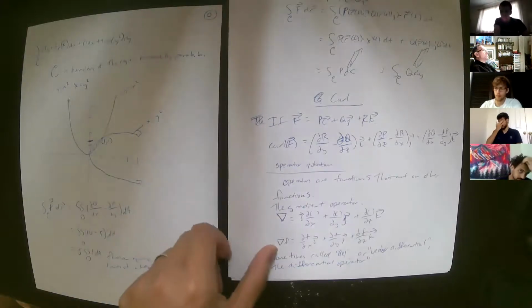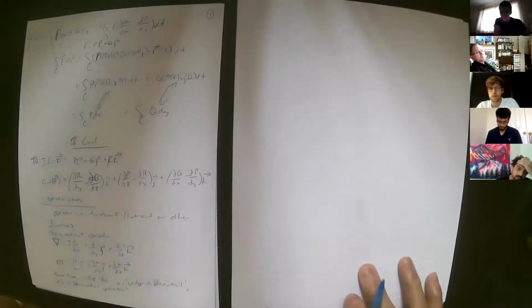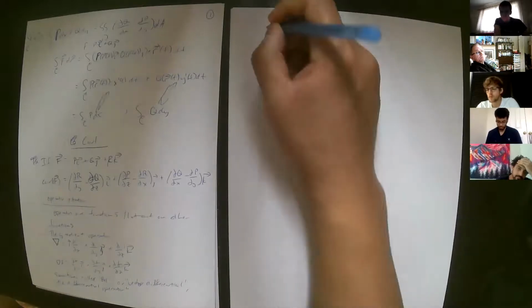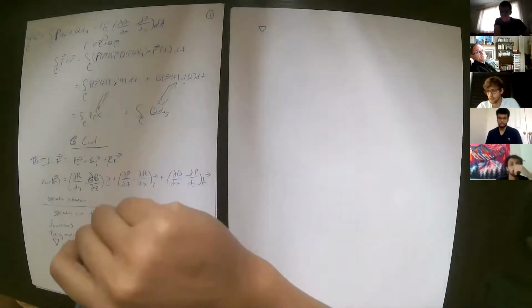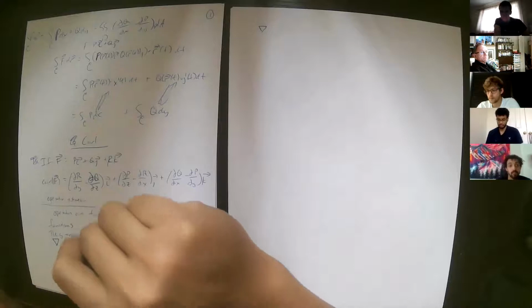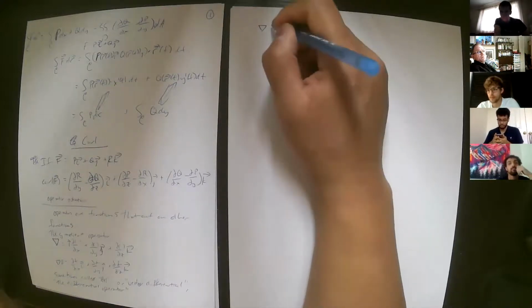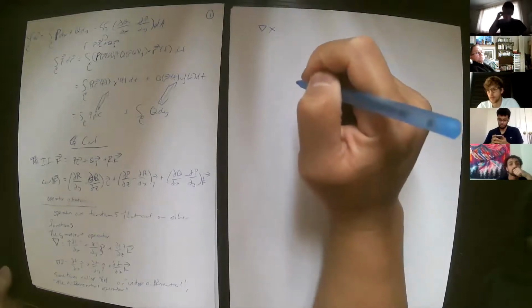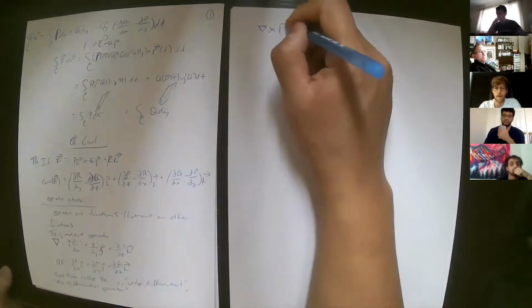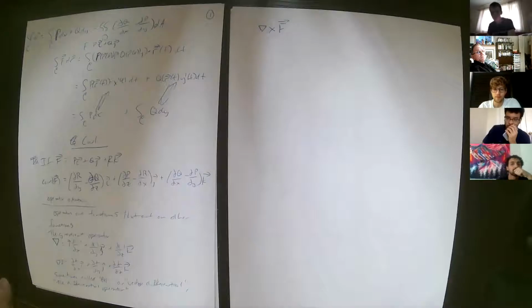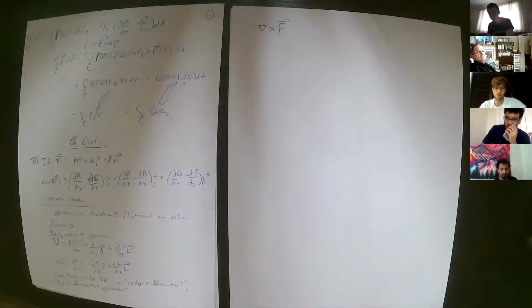Okay, so what does this say? What are we going to do? I want to compute the gradient operator, which is a vector now, as we already did, cross product with F. So what does this give us?